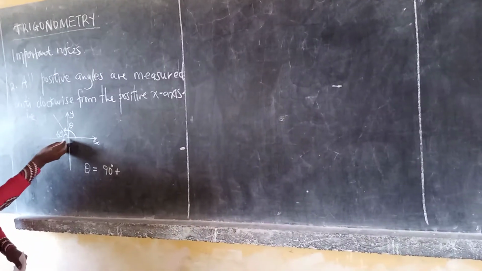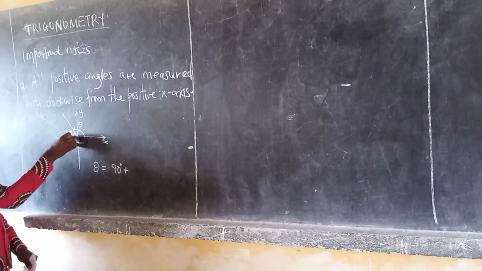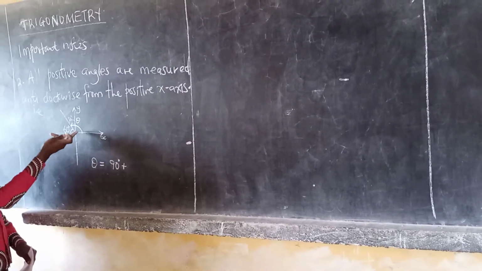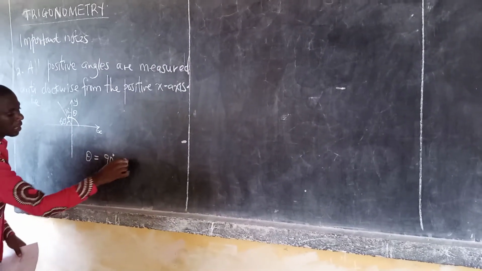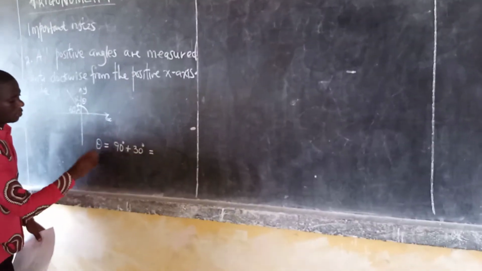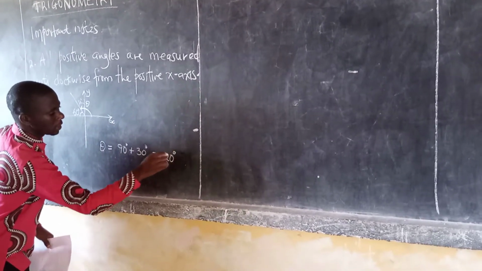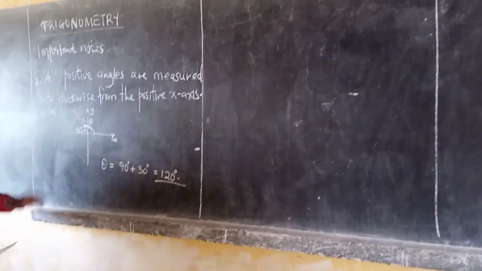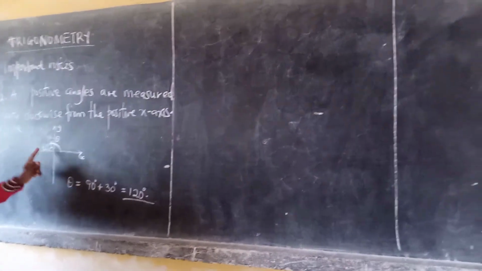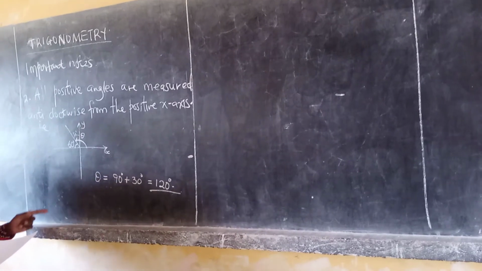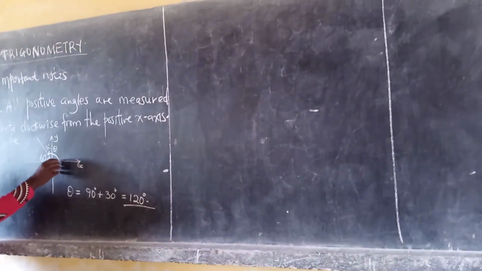Since from here to here is 90 and this is 60, this means that this is 30 degrees. So we get 90 add 30 degrees, and this equals 120 degrees.